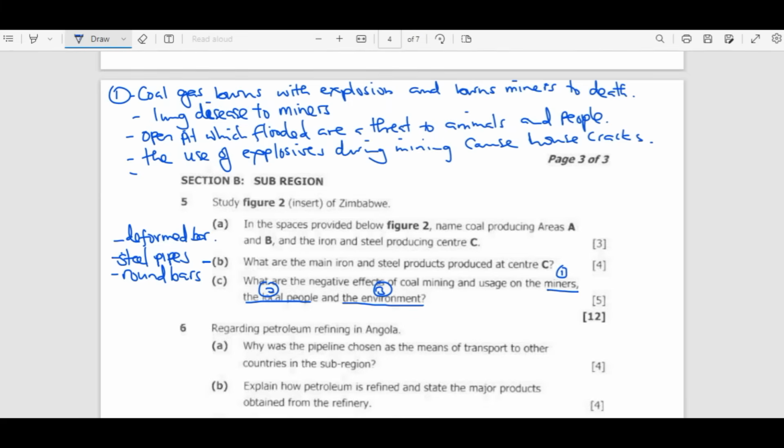And then relocation of people. And then apart from that, what can be the other one? So prostitution.